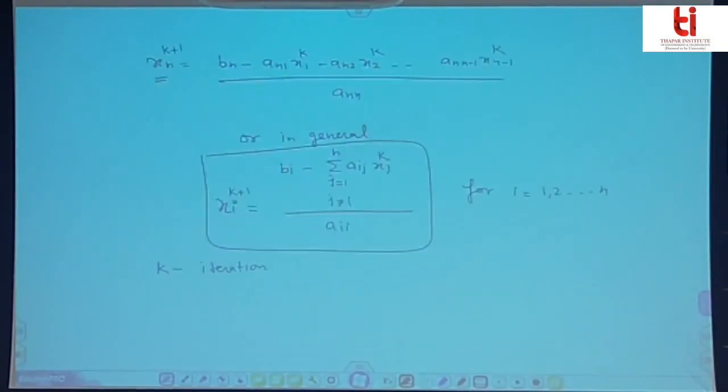So for the kth iteration, k is greater than or equal to 0. For k equal to 0, the x1 0, x2 0, xn 0 will be assumed to be known.